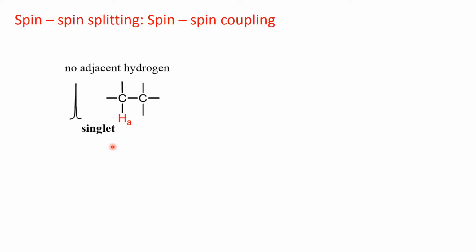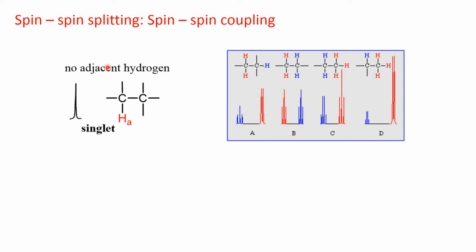That means a singlet will be found. But here you see, these two equivalent hydrogens, denoted by red color, their NMR signal is split into two peaks, a doublet. Similarly, this blue hydrogen, its NMR signal is split into three.